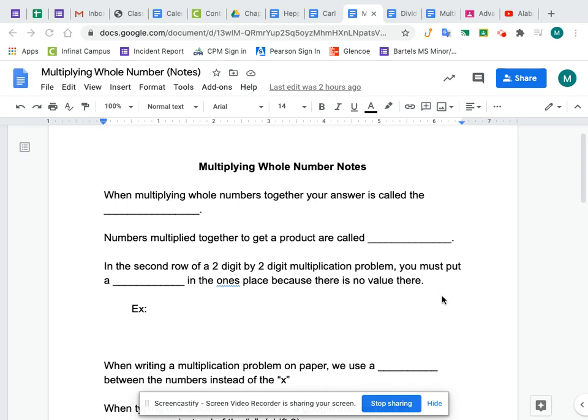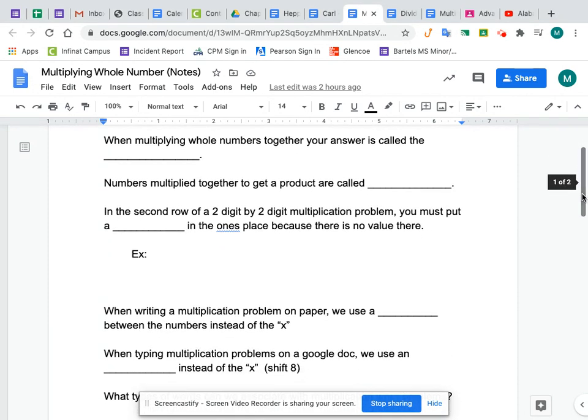All right, multiplying whole number notes. So getting into this, when multiplying whole numbers together, we get an answer called the product. Now, the two numbers or any amount of numbers that are multiplied together to get a product are called factors.